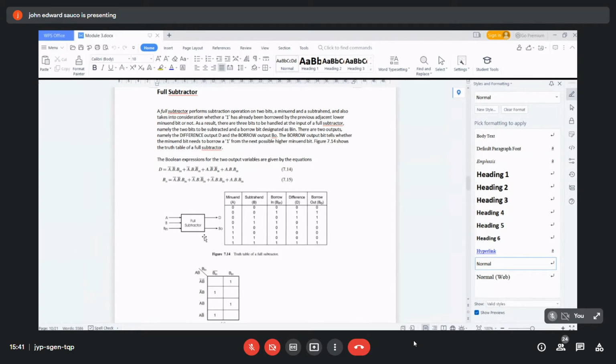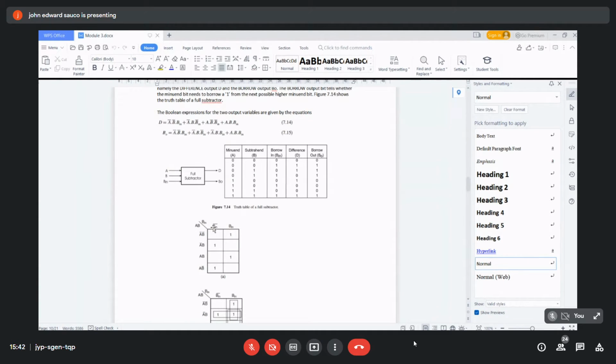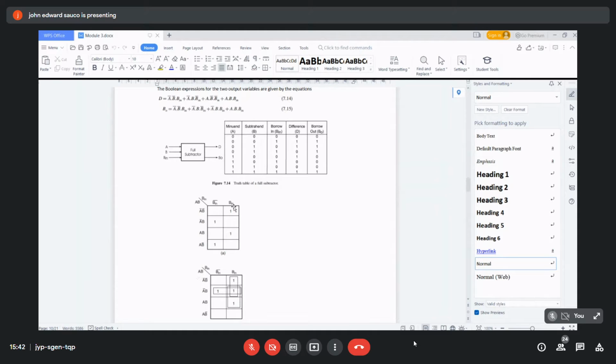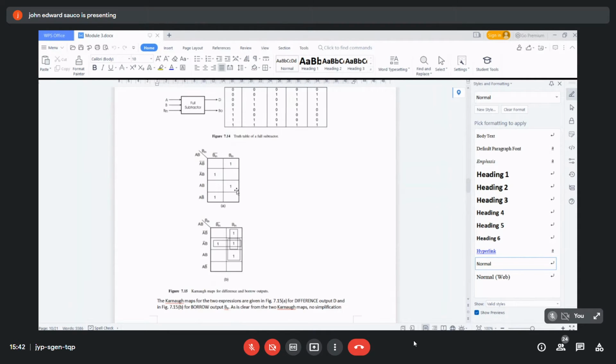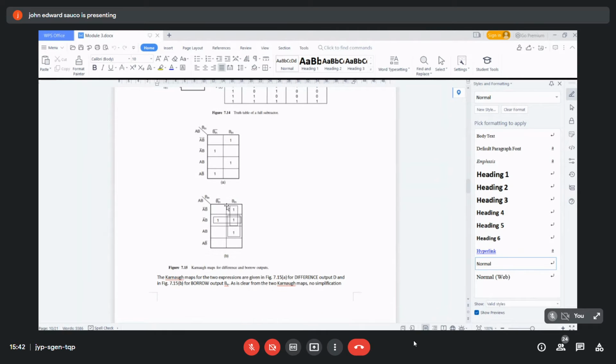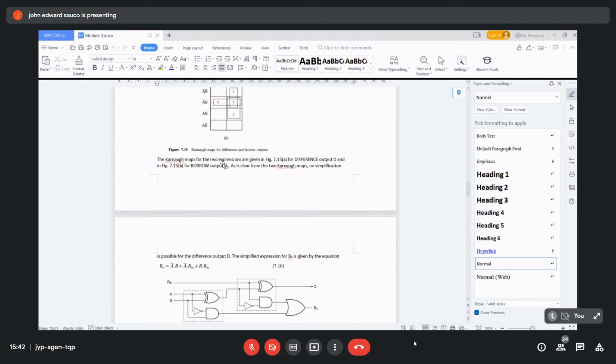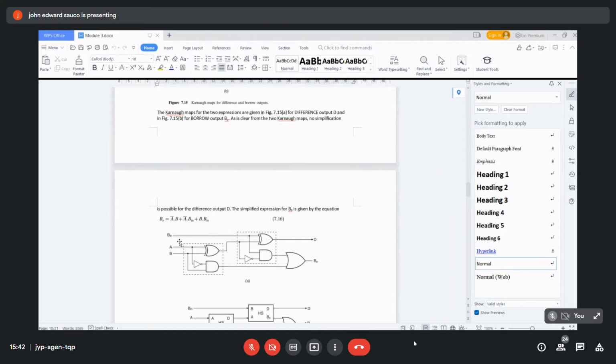Okay? Tapos, ito kanyang truth table. Diagram. Simplified ulit yung borrow. And difference, same din. Simplified forms, agad na siya. So, yung kanyang borrow is naging ganito, okay?